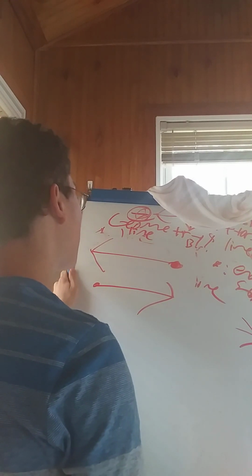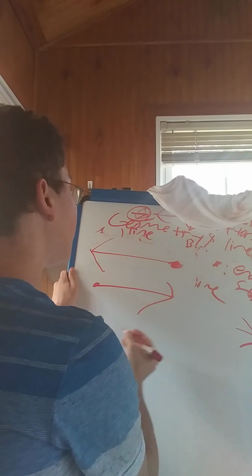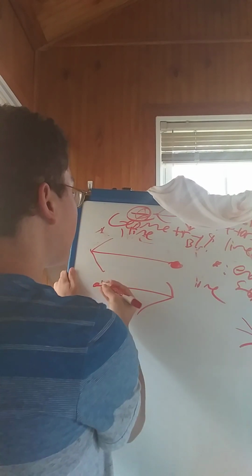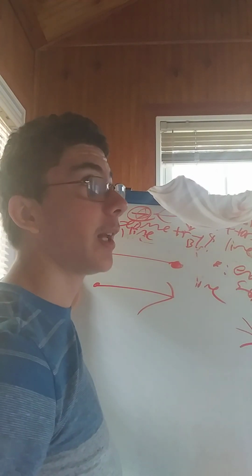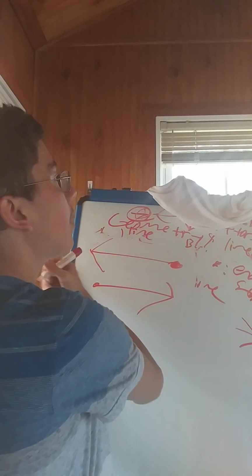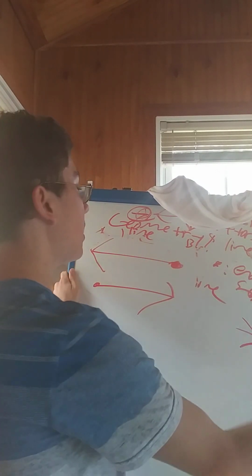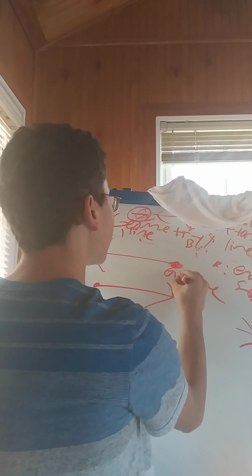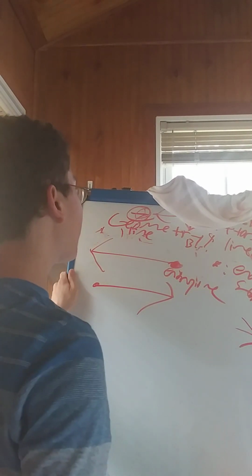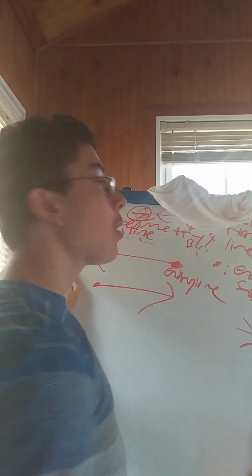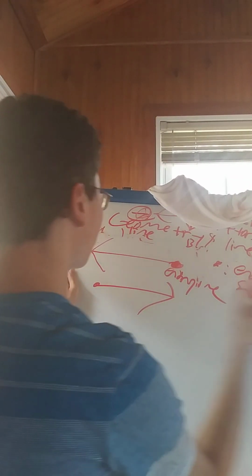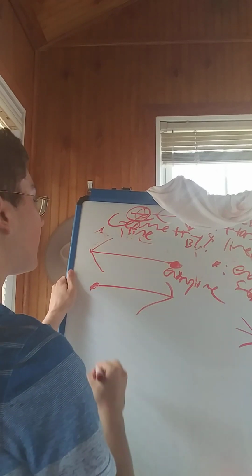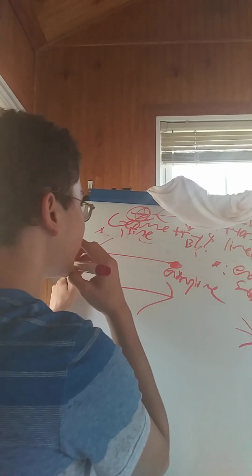So let's see here. So this could be, as I said, depending on what direction. So if you're looking from left to right, this would be the ending point. And then if you're looking from right to left, if you're going this way, this would be, wait a second.